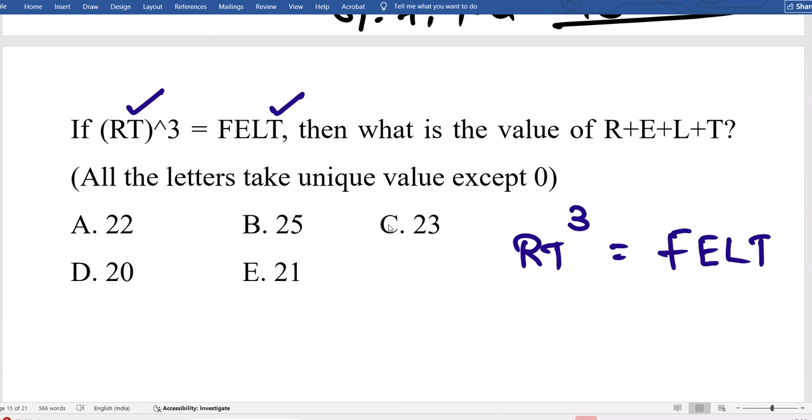Nothing much you need to think. Listen, listen. If RT is 2-digit number, you agree, right? RT is 2-digit number, felt is 4-digit number, RT is 2-digit number, right?